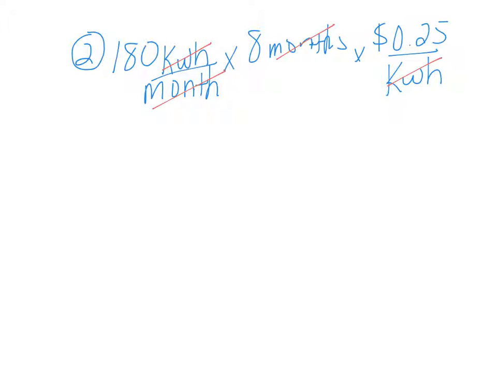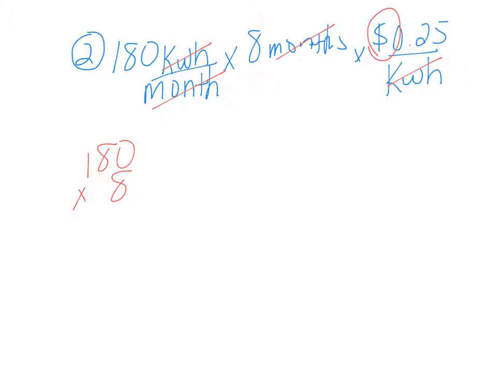This is one of the beauties of dimensional analysis, is that you can check to make sure things cancel, to make sure that you're doing the problem right. And if you're left with a unit here at the end that you want, then you know that you've set it up correctly.